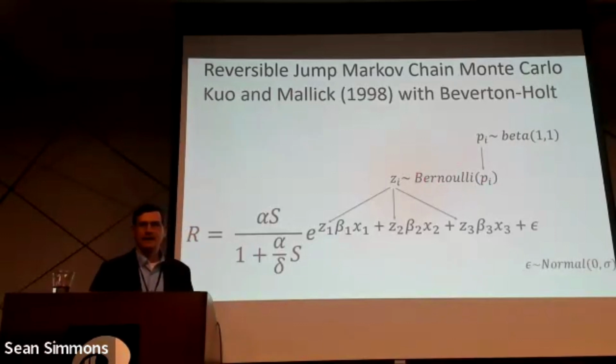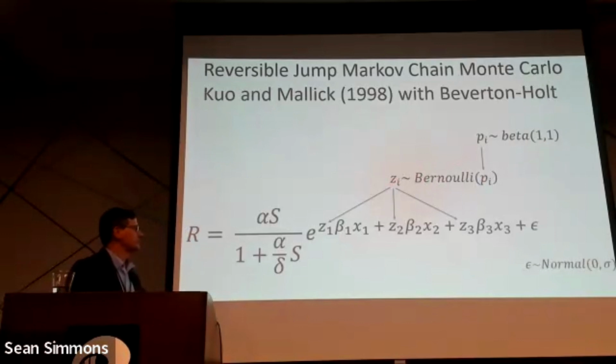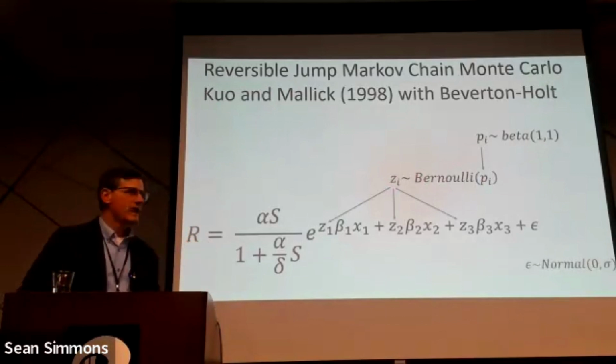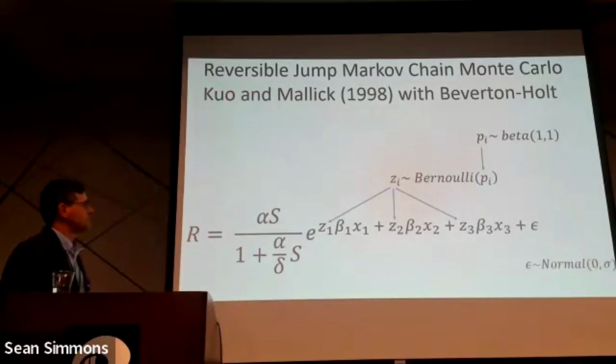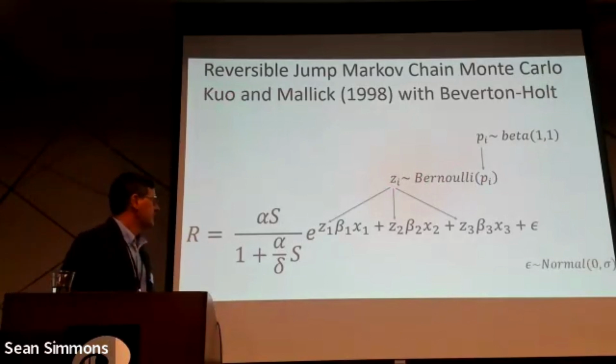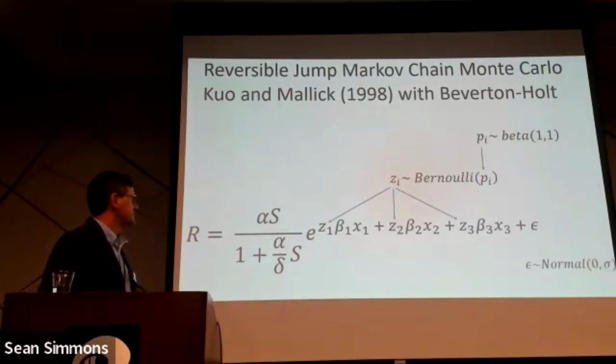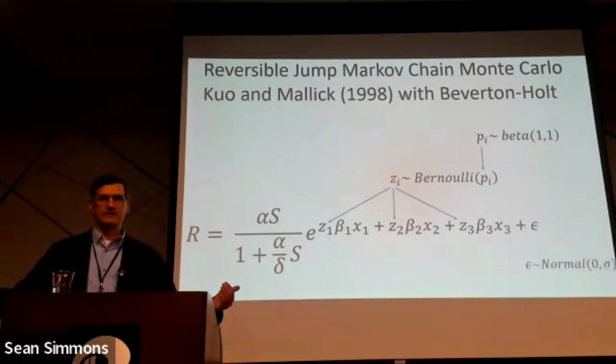But this is kind of neat. I think you can maybe imagine some scenario or kind of picture it in your mind of, we're just getting 0s and 1s, and we're using it to turn terms on and off. And the reason we have to do this with reversible jump Markov chain is that we have to have these choices of these z's all be independent of each other.